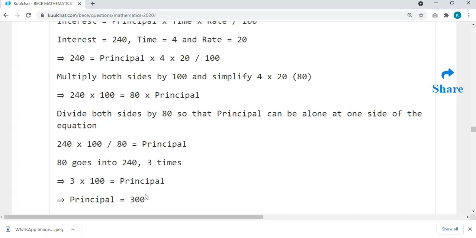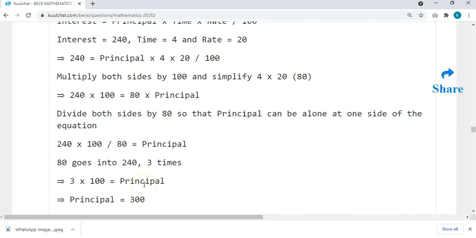That is a concept you should know when you are solving especially B.E.C.E. questions, where you don't use calculators and you also have limited time. So you should have some skills of doing calculations in a very simple way.